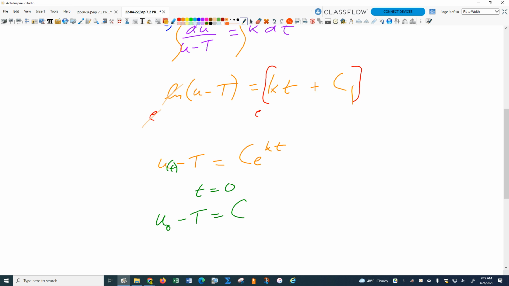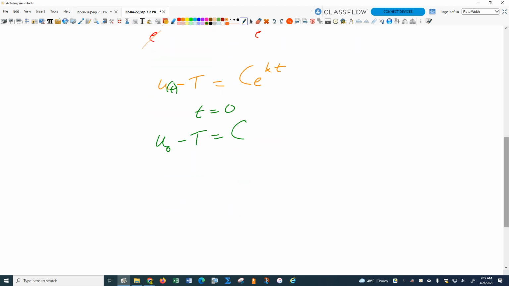So the value of c is just the initial difference in temperature, right? And we could rewrite this thing as u of t minus t equals c, which is the quantity u naught minus t, the initial temperature difference, times e to the kt, right?